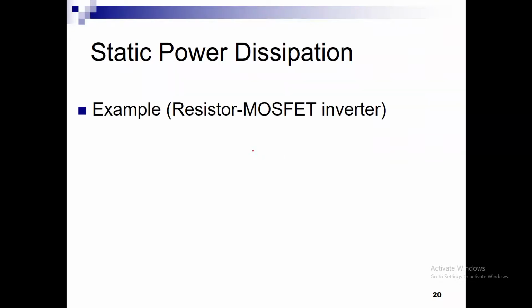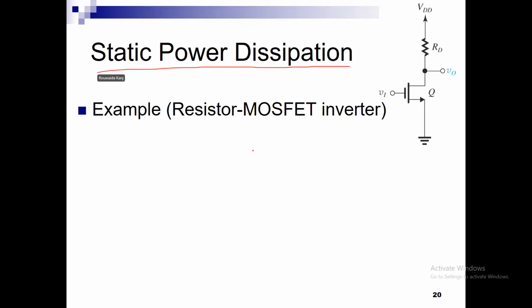static power dissipation of the resistor-based inverter. When we say static power, it means that when my output has switched and it's sitting in a specific state, the two states for the output, VOL and VOH, what would be the power when it is stand-alone?